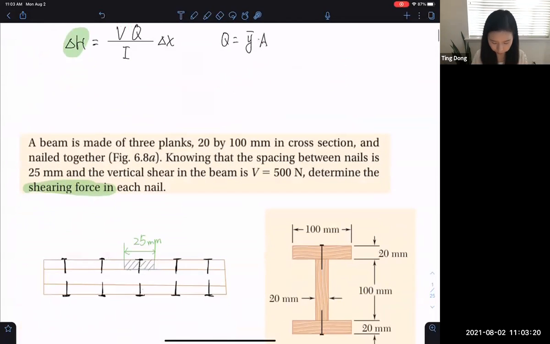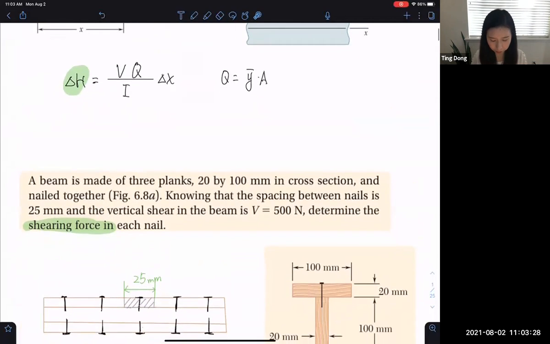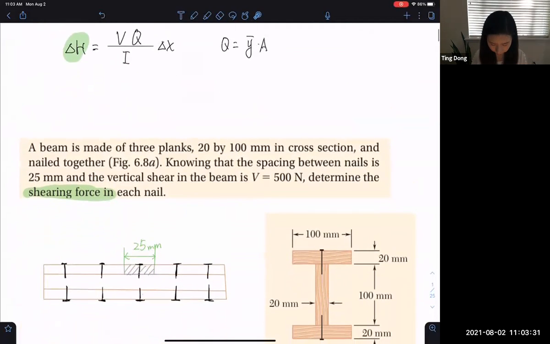In this problem, delta x is given as 25, the geometry is given, so we know I, we know Q, and the internal shear force is also given.